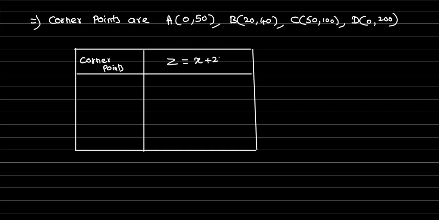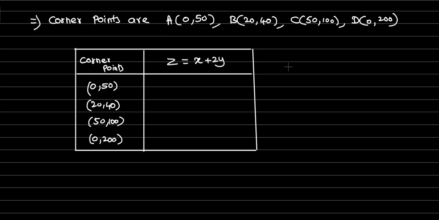The corner points are 0 comma 50, 20 comma 40, 50 comma 100, and 0 comma 200.